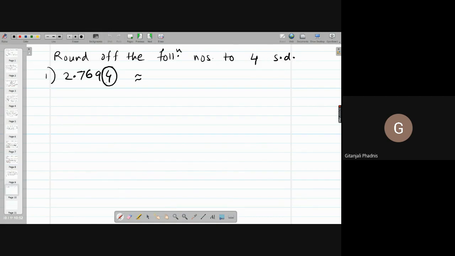The 5th digit which we are going to discard is less than 5, so this 4th digit we will keep unaltered. Do you understand? And this is the discarded digit. So our number will be 2.769. There will be no change in 9.